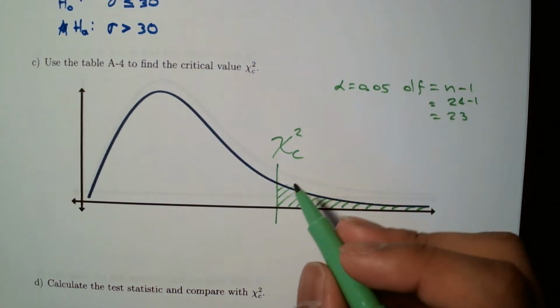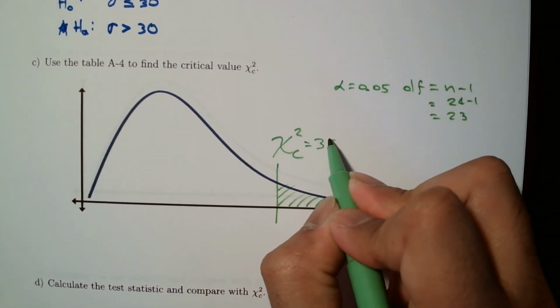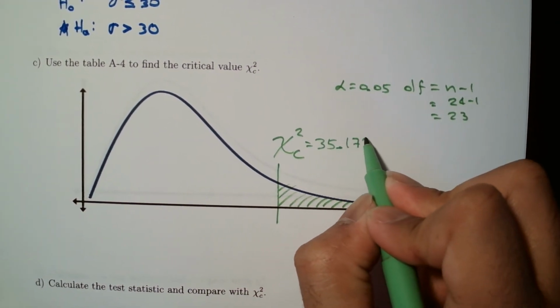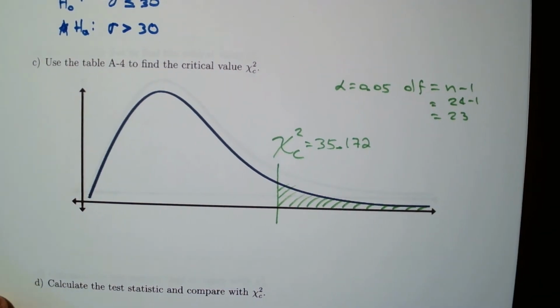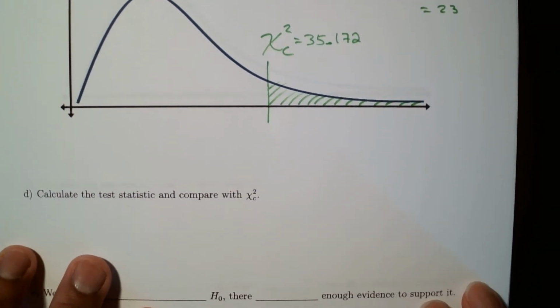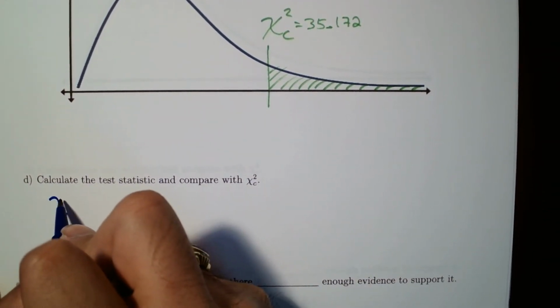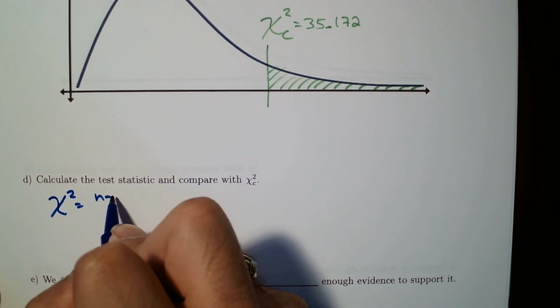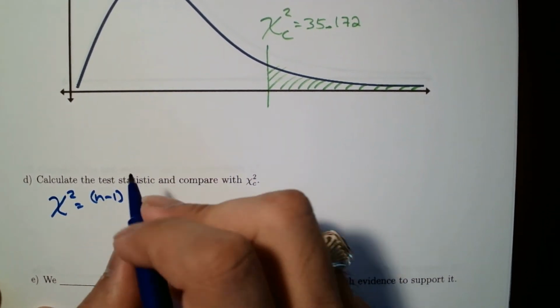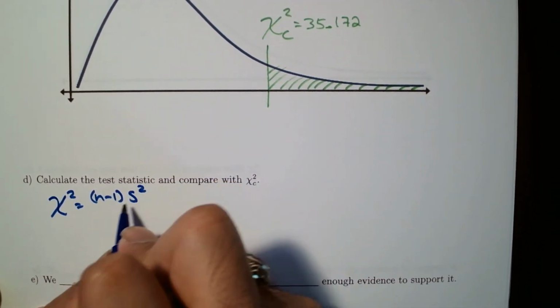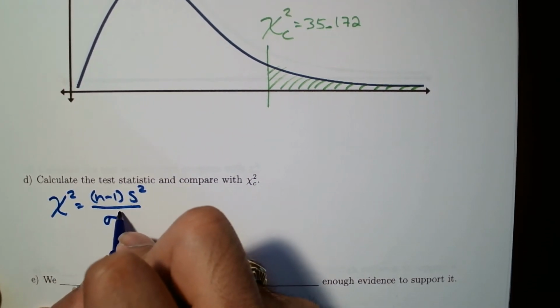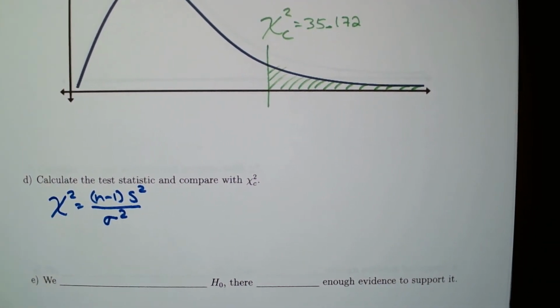So 35.172. Okay, now let's calculate our test statistic. Well, all we do is write down the formula: chi squared equals n minus 1 times the standard deviation of the sample squared divided by the standard deviation of the population squared.